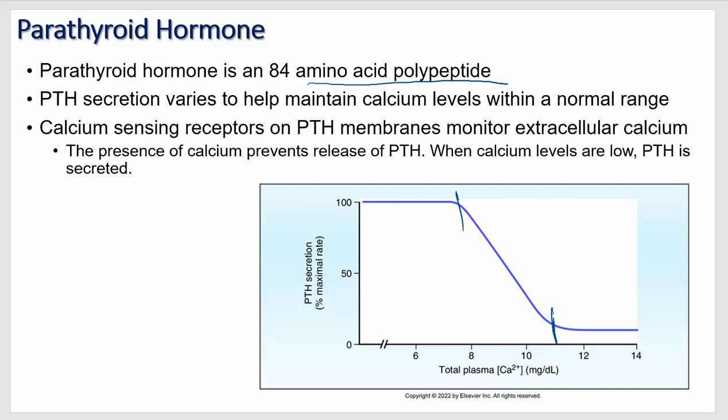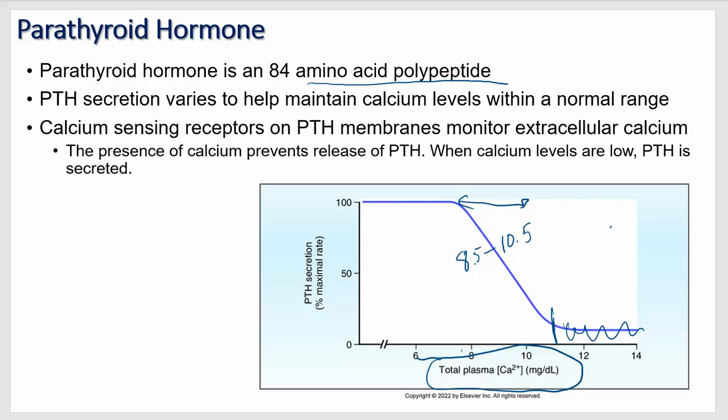But when calcium levels are low, calcium is on our x-axis here, so if our calcium levels are low down here, then we have maximal release of PTH. When our calcium levels are high, over here, then we have minimal release. And so it kind of works in this range. Really, the normal range is about 8.5 to about 10.5, or 8.3 to 10.3.